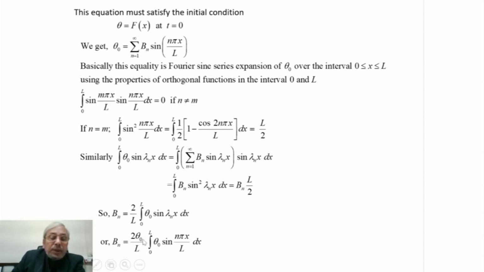It should be dropped. So twice theta naught by L, integral from 0 to L, sine n pi x by L dx. 1 theta naught should be dropped from here. I'm sorry, 1 theta naught we can drop.